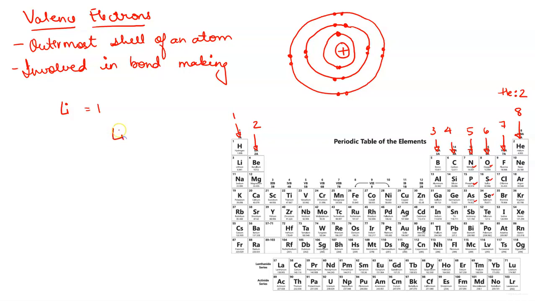We would take the symbol for lithium, Li, and it doesn't matter which side you pick, there are 4 sides to the symbol, so you would just draw a single dot, which represents an electron. So dots represent electrons.